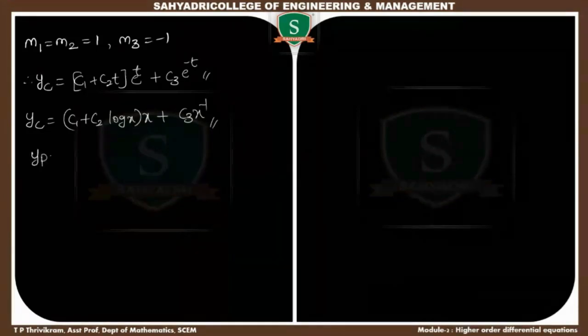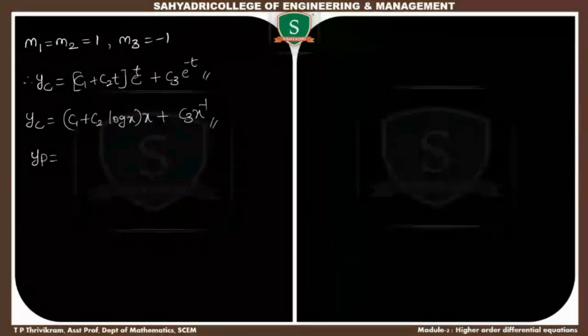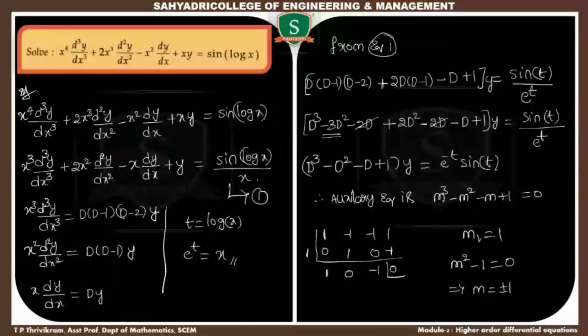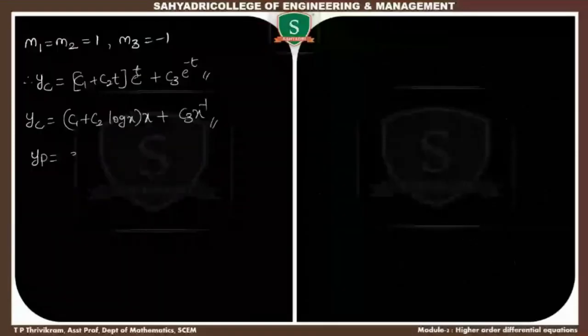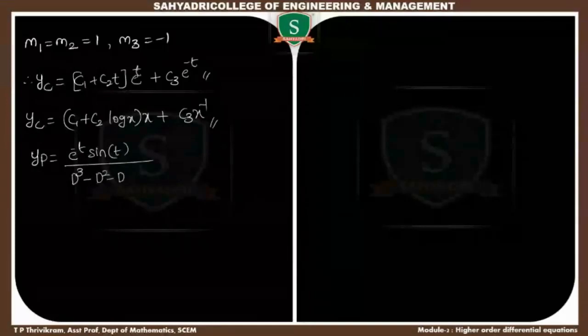Now yp is equal to, right hand side what is there? E power minus t into sine t, divided by d cube minus d square minus d plus 1. So yp is equal to, it is again of type 4.